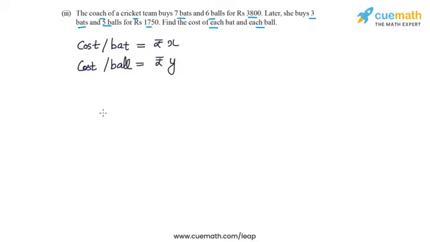Now we have to use the given pieces of information to set up a pair of linear equations in x and y. Now the first piece of information says 7 bats and 6 balls for 3,800 rupees. So the total cost of 7 bats and 6 balls should be 3,800 rupees. Now 7 bats will cost 7x rupees because the cost per bat is x rupees, and 6 balls will cost 6y rupees because the cost per ball is y rupees, and their total should be equal to 3,800.